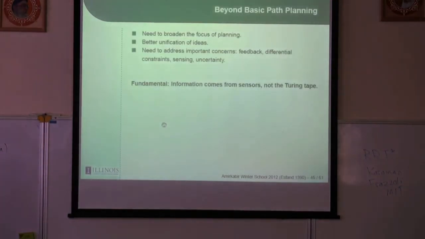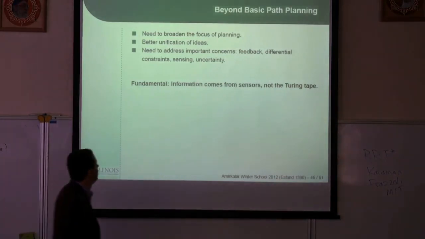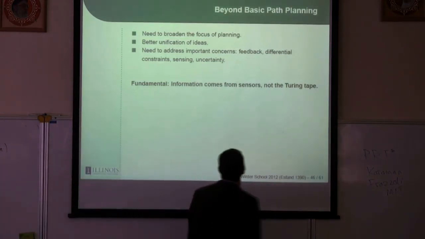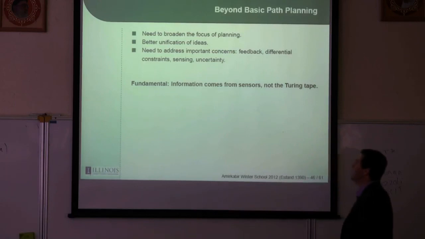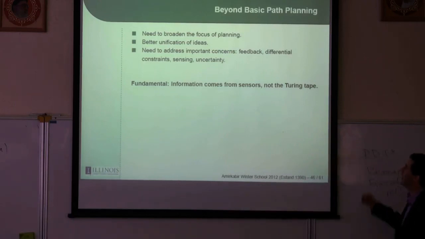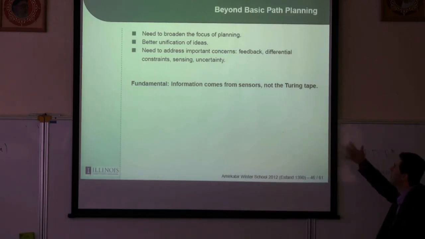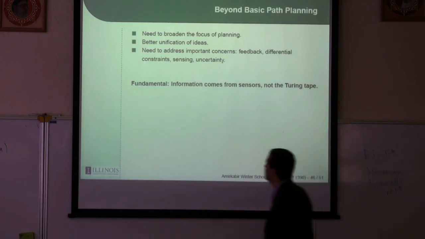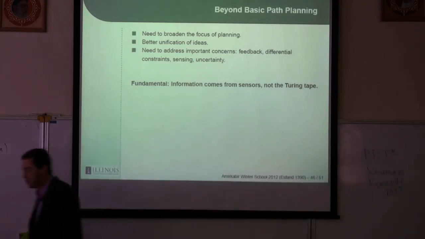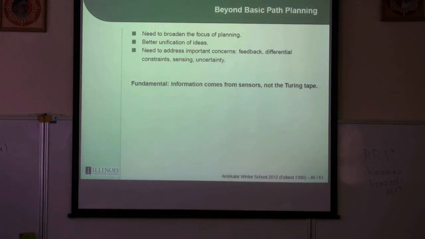All right, now if we go beyond basic path planning, and this is what I thought when writing my book, we need to broaden the focus of planning and address important concerns like feedback, differential constraints, sensing uncertainty, and where does information come from? Well, it comes from sensors, as I said. It's not written down nicely for us. So a lot of those applications I showed you are non-robotic because they have perfect information requirements.